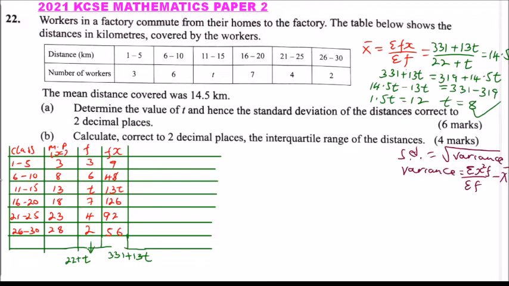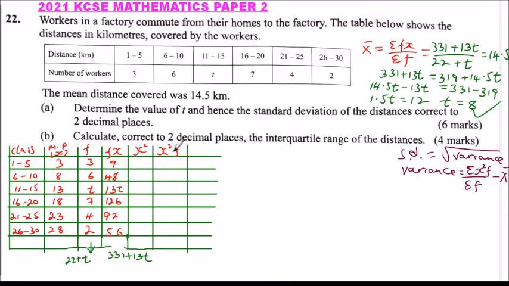So we can add columns here. This one, we are going to use it for x squared. Once you get x squared, then you can use this other column. Let's make it a bit bigger. That column is x squared f.